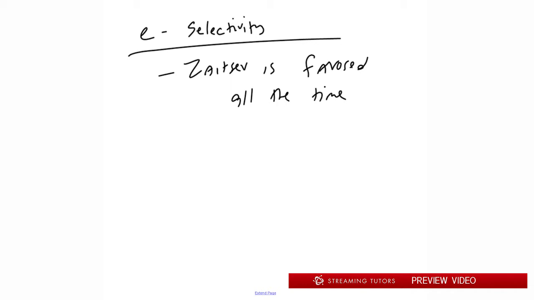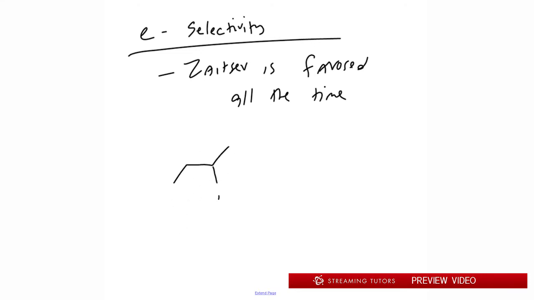Very important. So you don't have to worry like E2. You don't have to think about where's the best place to pull the H. You're always going to know. Forget about the base because it has no influence on the rate. It's all about the most stable position, the beta carbon that has less H's. So in the ring system, actually, yeah, you know what? Let me not do the ring because I want to get into stereochem and then the ring. So Zaitsev is always favored.